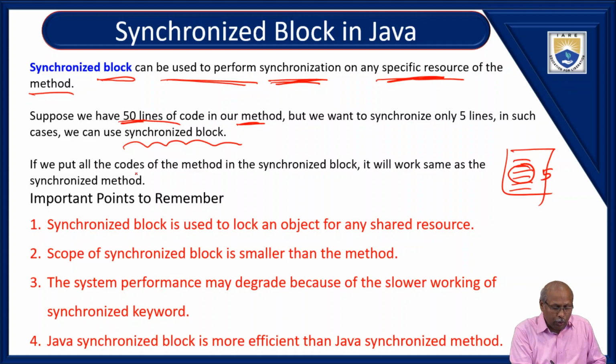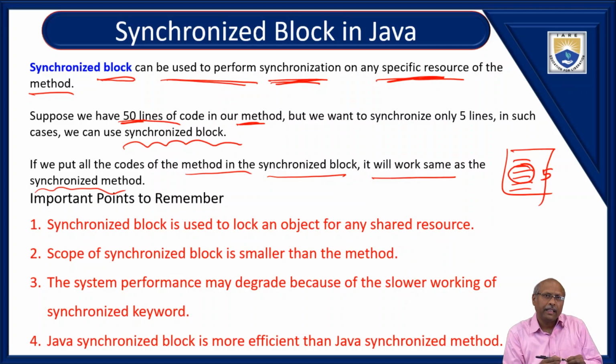If you put all the code of the method in a synchronized block, it will work the same as a synchronized method. Actually, if you use the complete method under a synchronized area, then the complete method is synchronized. Whereas here, I want to block only a few lines of the code, not the entire method. So whenever you are locking only a few lines, that is called a synchronized block.